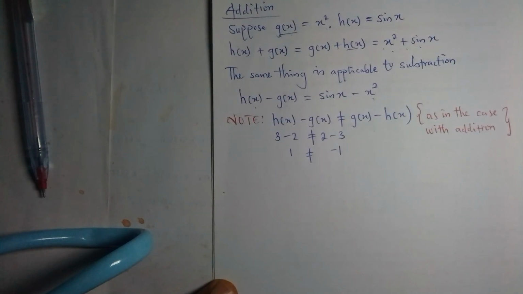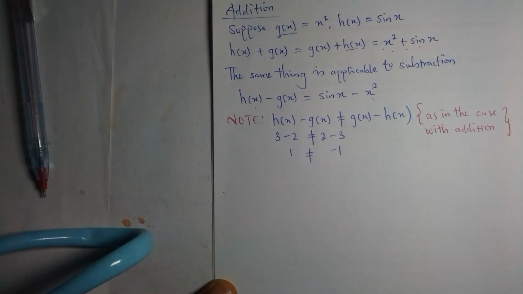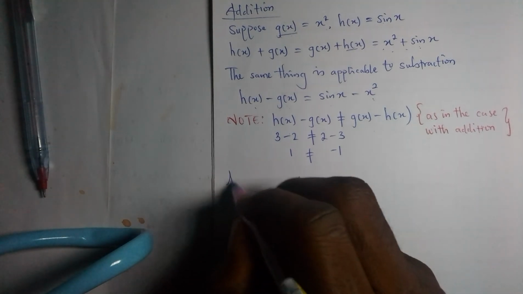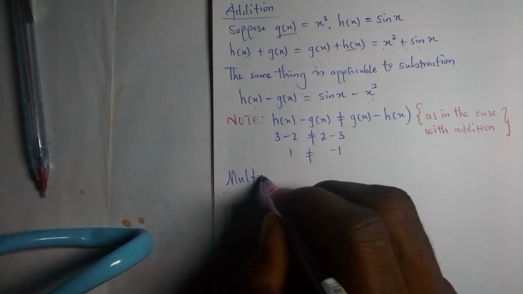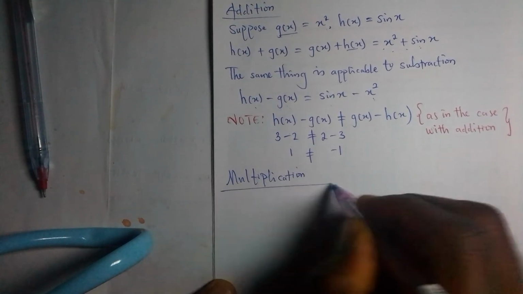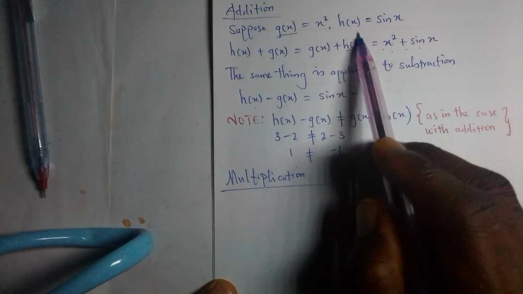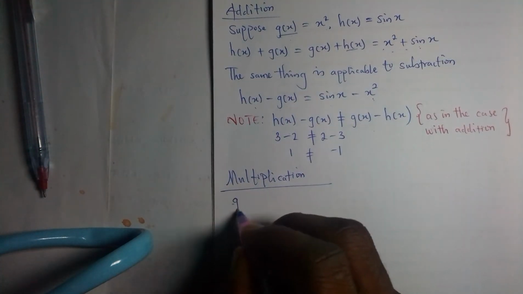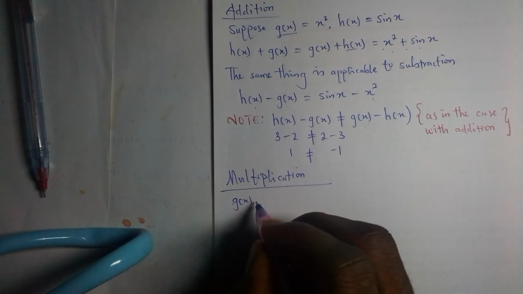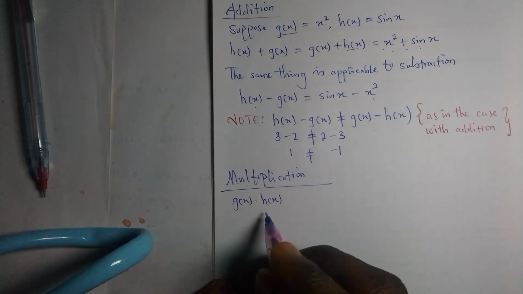Then the other thing again, apart from the addition and subtraction, is that functions can also be multiplied. What do we mean by that now? So let's look at multiplication of functions. Still using what we have here, g of x and h of x, how do we find g of x dot h of x?